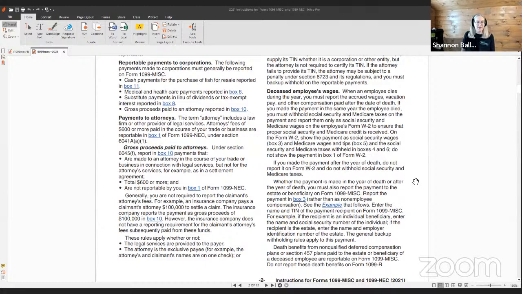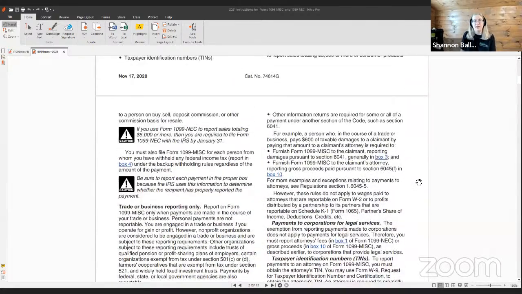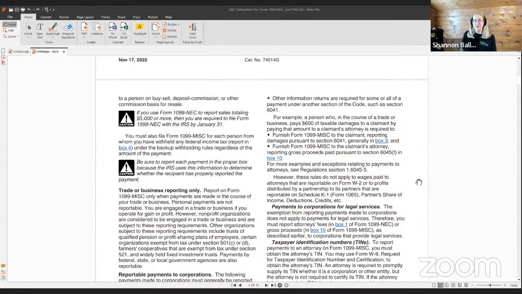For example, the attorney and the claimant's name are on one check, or other information returns are required for some or all of the payment under another section of the code, such as Section 6041.